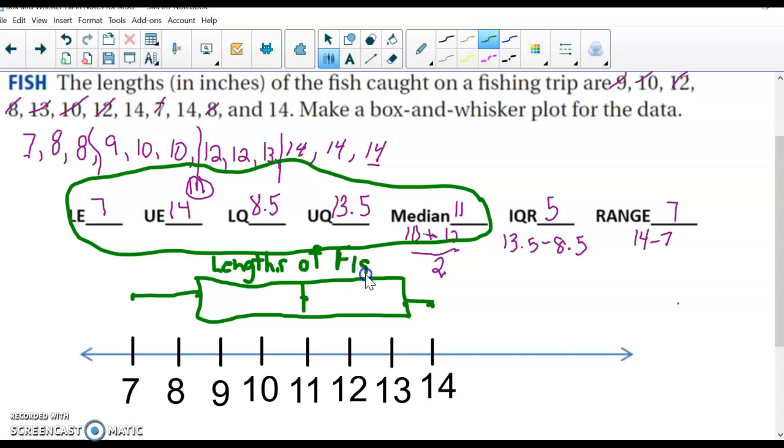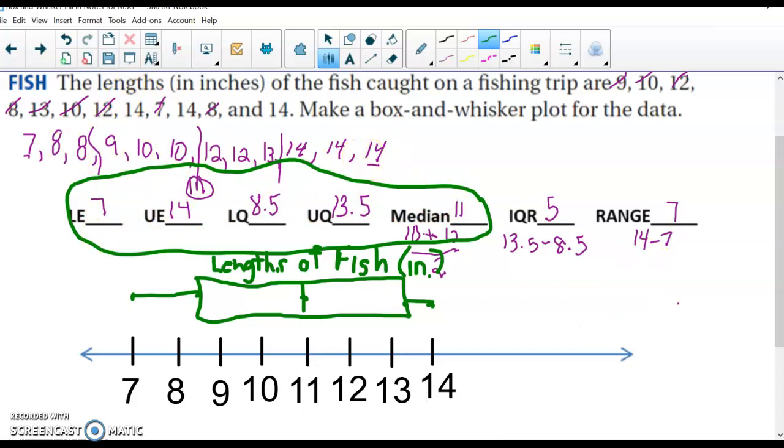I hope that your box plot looks very similar to this. Remember, the key is to do even intervals, even spacing. I decided to number every single one because it was only 7 to 14. I only had a range of 7. And then we plot our 5-number summary.